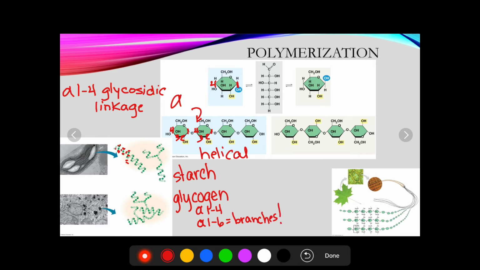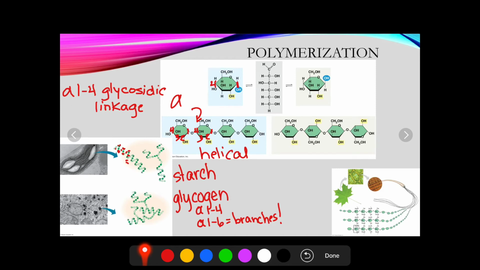Okay, so that's going to cause these branch points that we see. So you can see the helical nature right here of just the alpha 1,4s, and then it branches off right here. That's going to be due to an alpha 1,6, where a 1 forms with the carbon 6 and kind of zigzags off to the side.